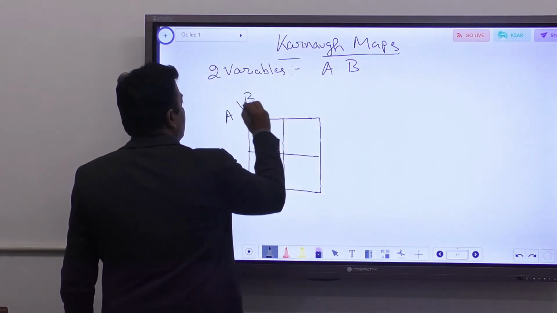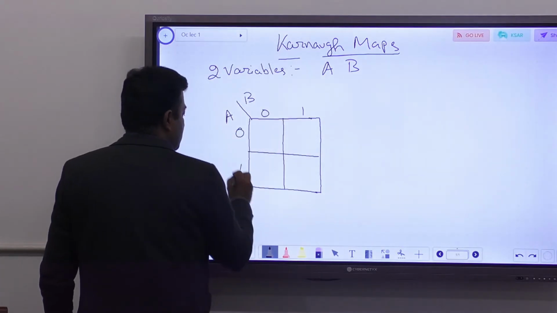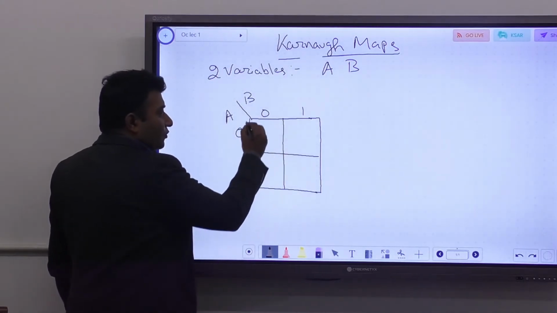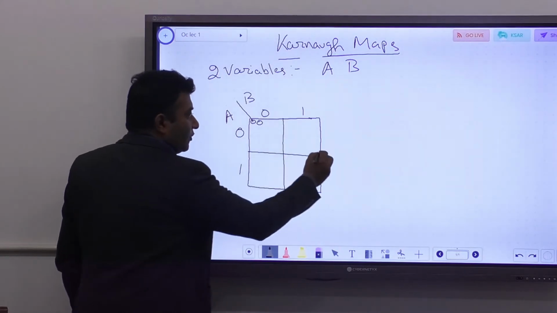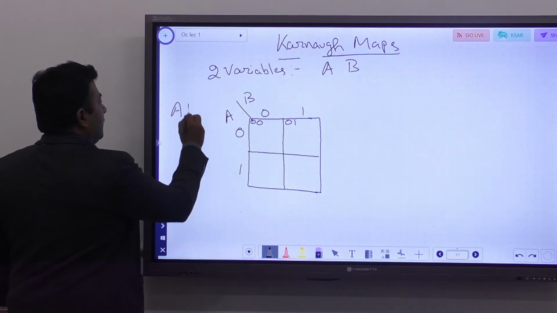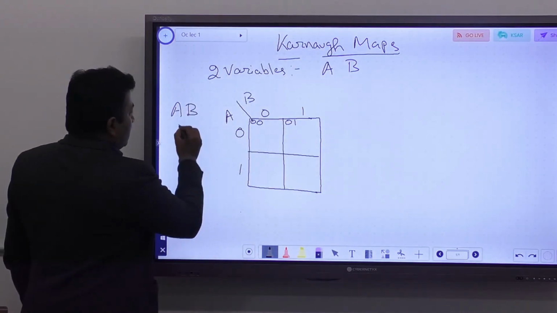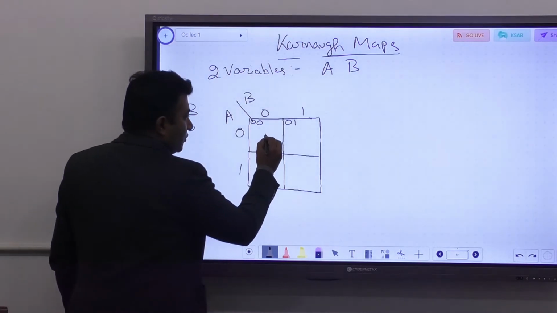A and B. This would be 0, this would be 1, this would be 0, this would be 1. The positional value of this square would be 0, 0. The positional value of this square would be 0, 1. Why? It's because for A and B, B is the LSB and A is the MSB. 0, 0, and the value would be 0.